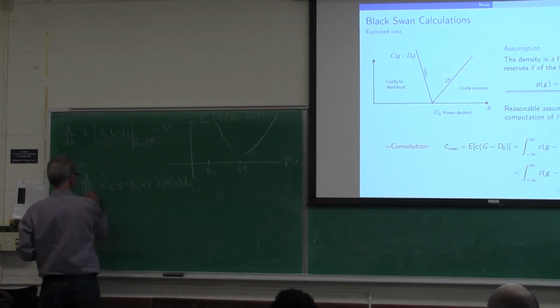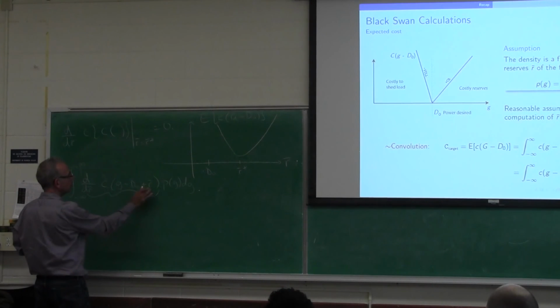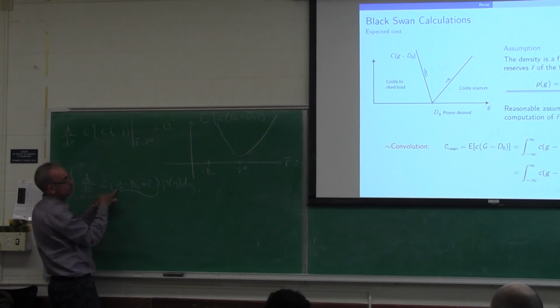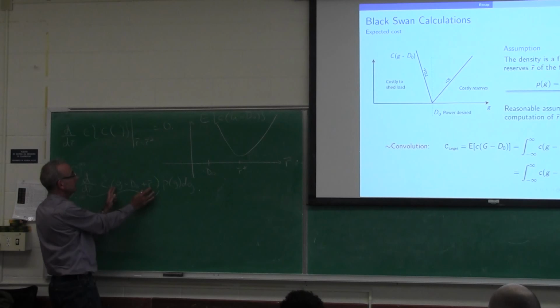So there are two cases. If this is negative, what's the derivative? Easier. It's minus the value of lost load if this is negative.